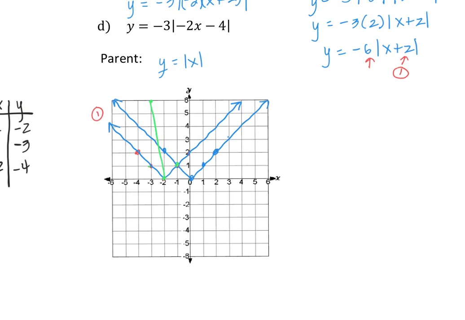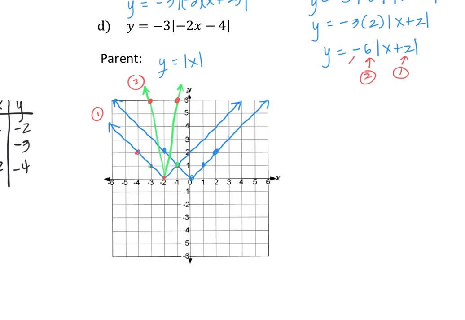And the y value of 1 when I multiply it by 6, it's going to be up here. Oops. It didn't make my line big enough, or small enough actually. Okay, so that would be my second transformation. And I only have 3 points because the other points aren't even on the graph.